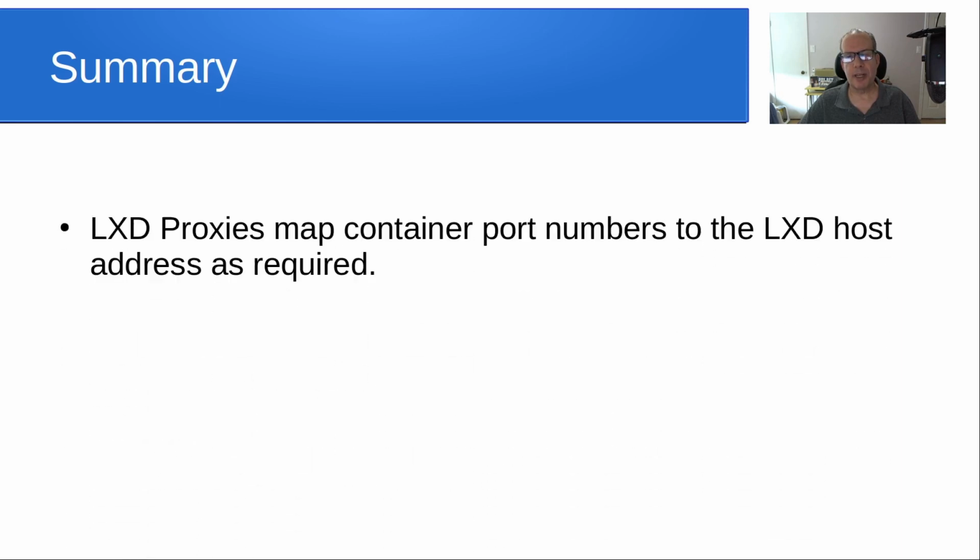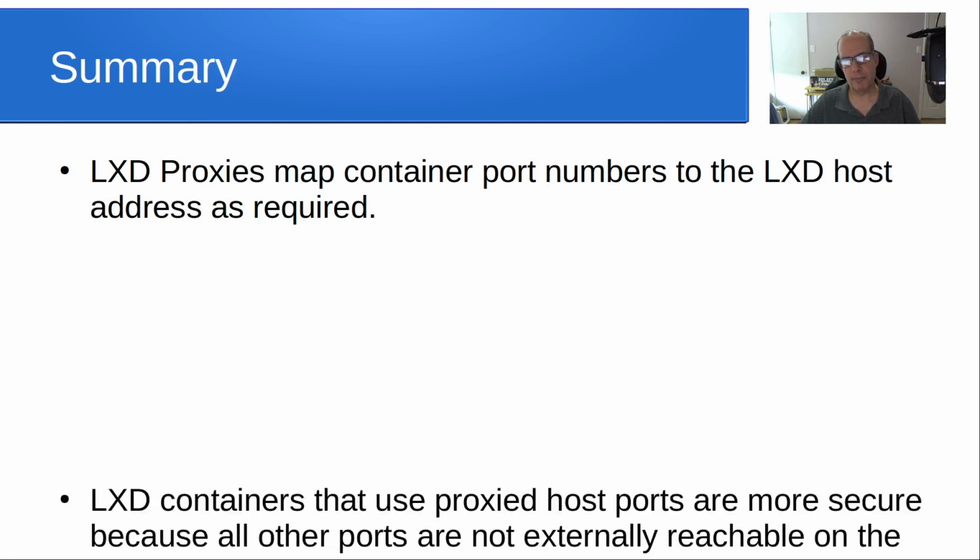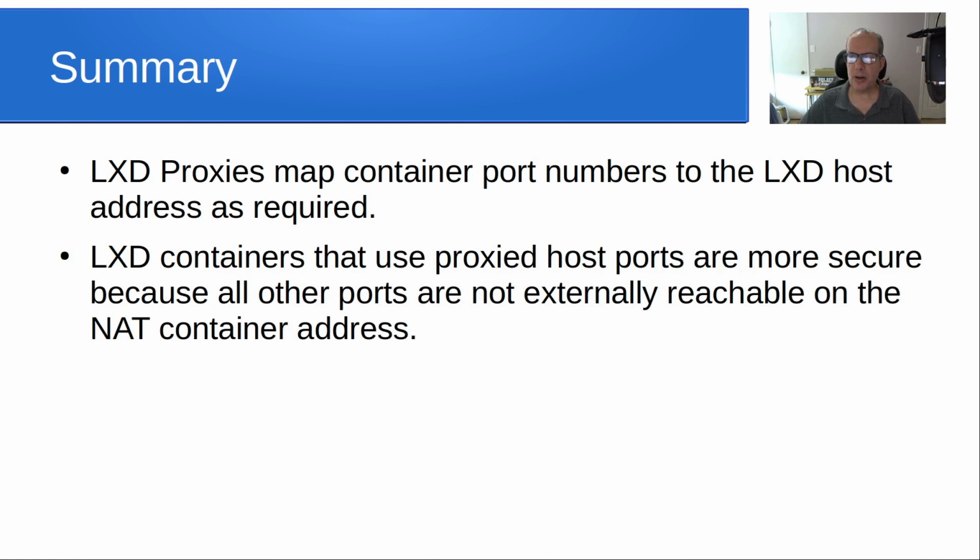So in summary, LXD proxies map container port numbers to the LXD host address as required. And LXD containers that use proxied host ports are more secure because all of the other ports for the container are not externally reachable on the NAT container address.